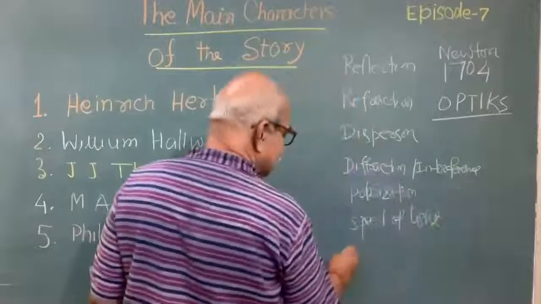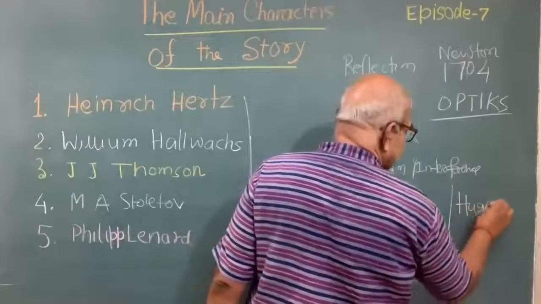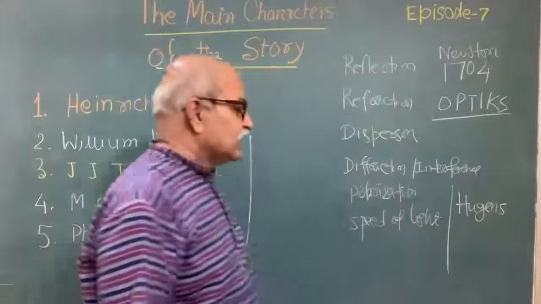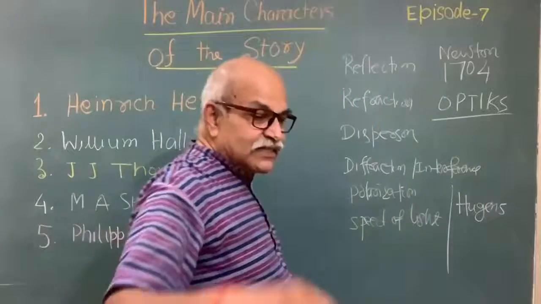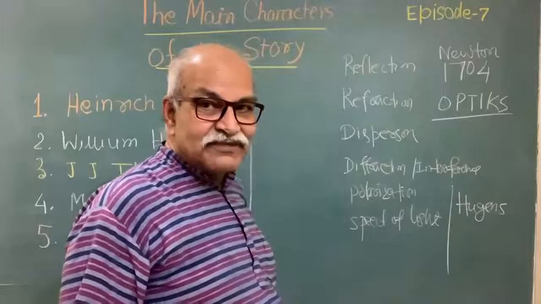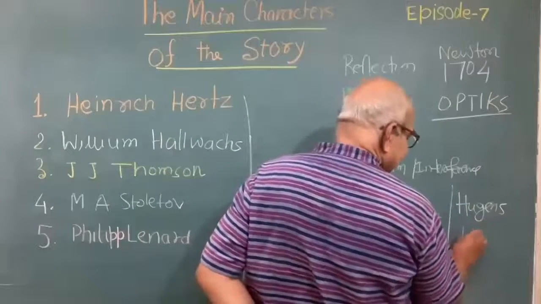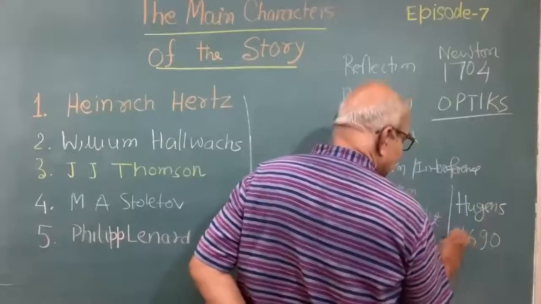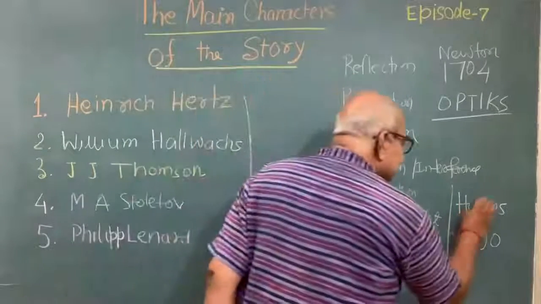And then you have Huygens, Christian Huygens. He also wrote a book on optics based on various experiments and observations. That was sometime around 1690.